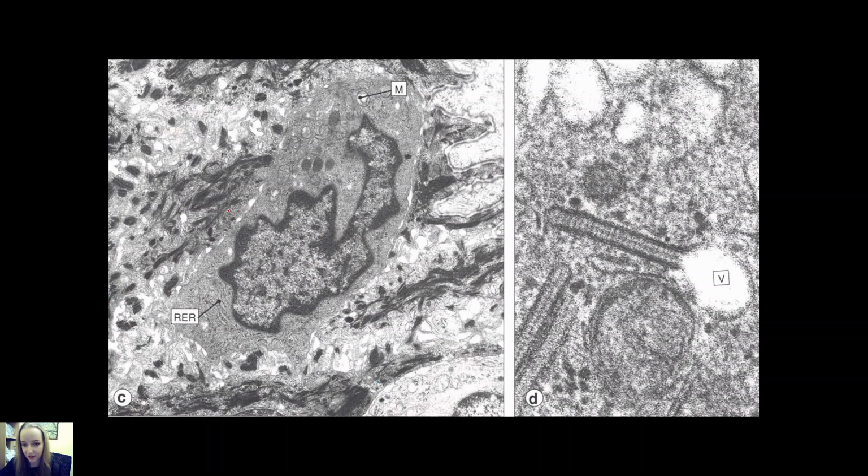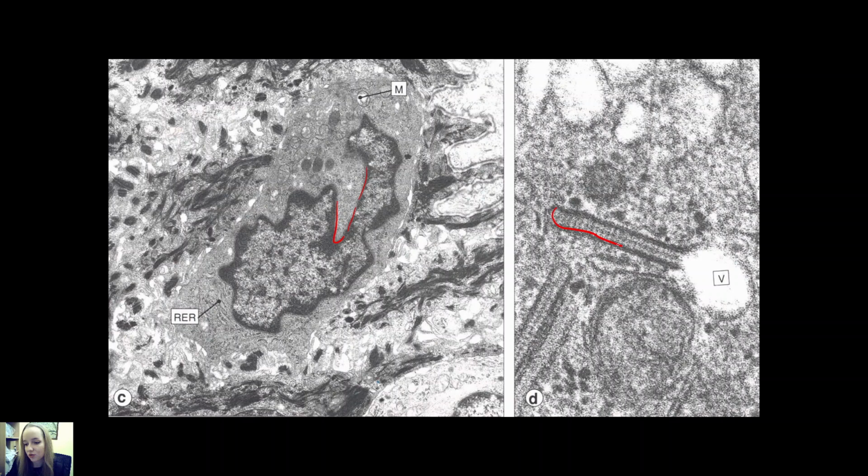This is a picture from the electron microscope. You can see that the nucleus isn't quite spherical. There is some kind of indentation. There are things around here, probably some parts of epithelial cells around, because we're in the epidermis. It's hard to tell what everything is. And what is here?